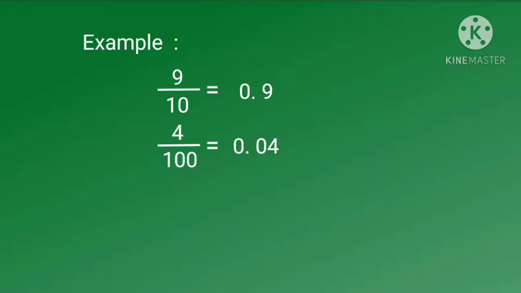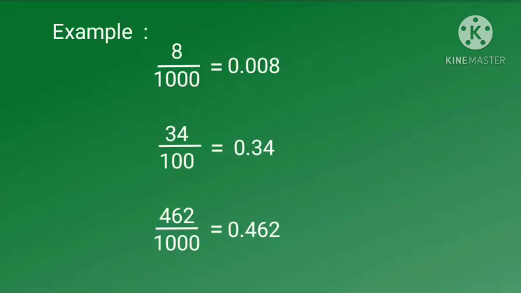9 by 10 is equal to 0.9. Let's see another example. 4 by 100. Here 100 is the denominator. It is written as 0.04. We put the decimal point in the hundredths place.